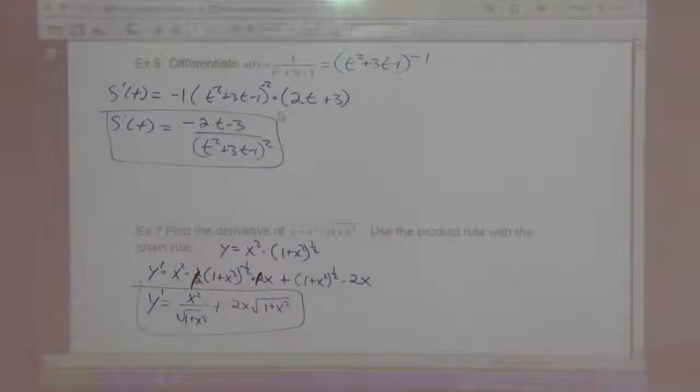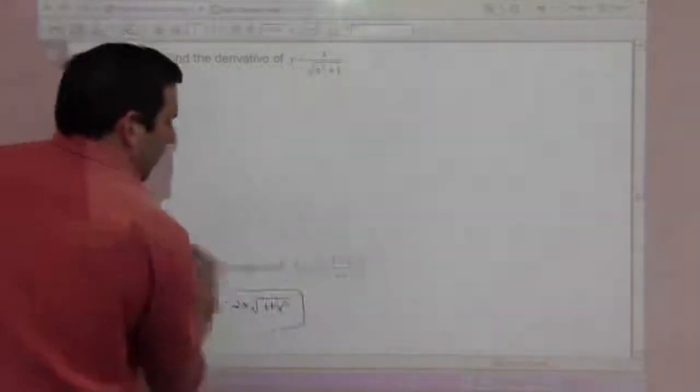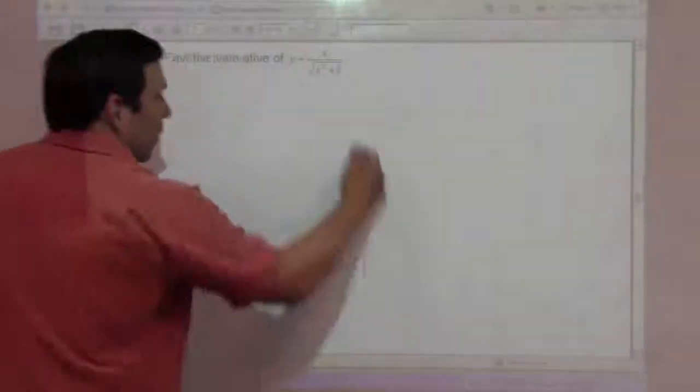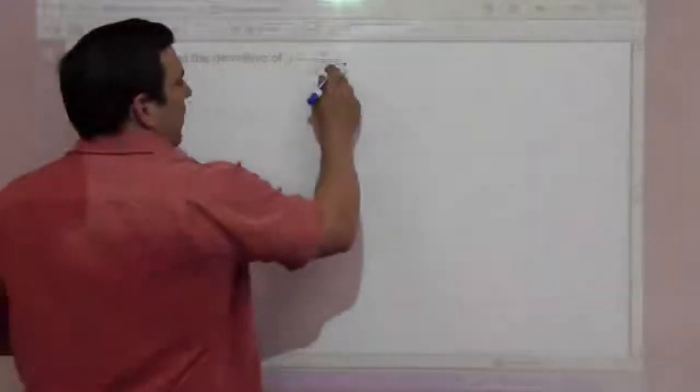Okay, I'm going to go on to the next page. Find the derivative. Now we have a quotient rule issue, and we have a chain rule.